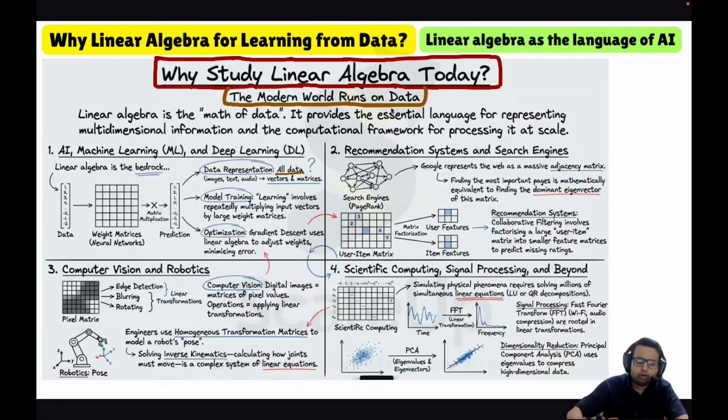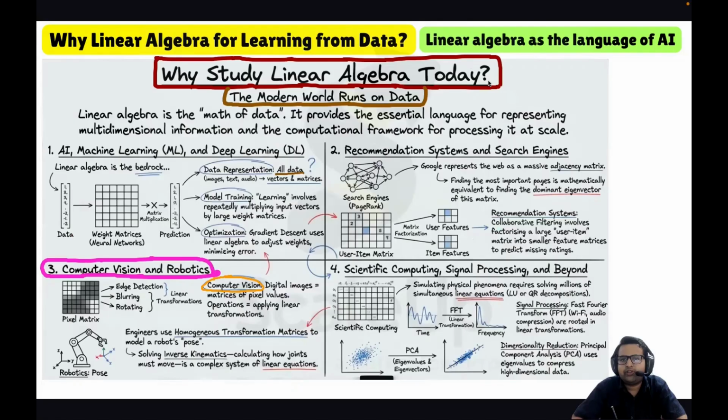Similarly, linear algebra plays a role in computer vision and robotics. Computer vision and robotics use linear algebra to translate physical world geometry into digital coordinates. If I talk about computer vision in particular, digital images are stored as matrices of pixel values.